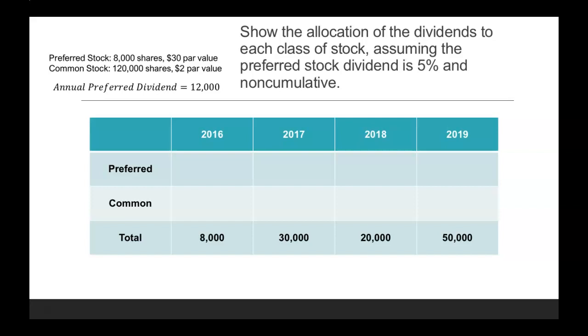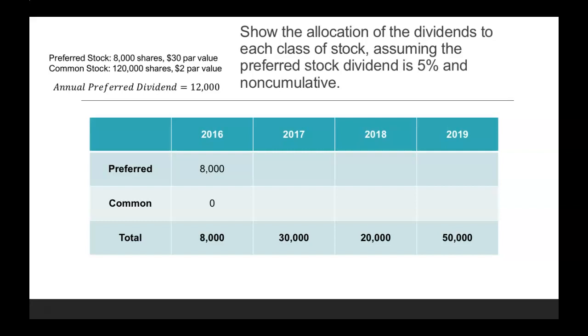So what are we going to do here? Well, preferred stockholders get their dividends first. So they get the first $12,000 every single year. Since we aren't going to hit $12,000 in 2016, they get $8,000. So they're getting all $8,000 here in 2016.